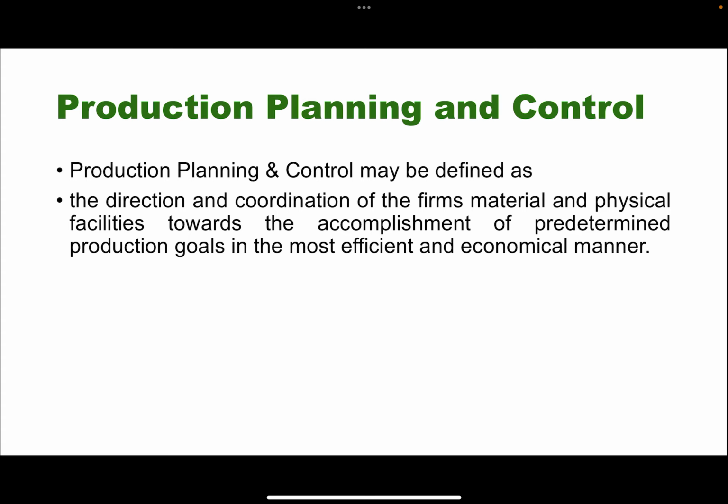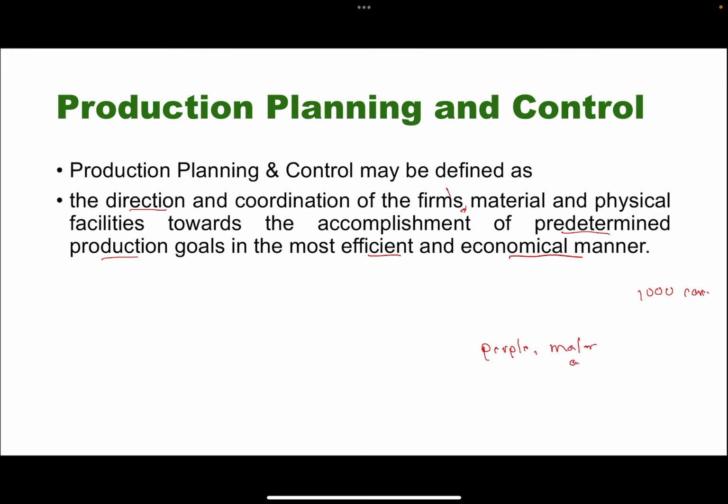And let us look at another definition of production planning and control. It is the direction and coordination of the material and physical facilities towards the accomplishment of predetermined production goals in the most effective and economic manner. In the case of a car, if we want to manufacture 1,000 cars in a month, we need to arrange how many people are required, and we need to arrange the materials.